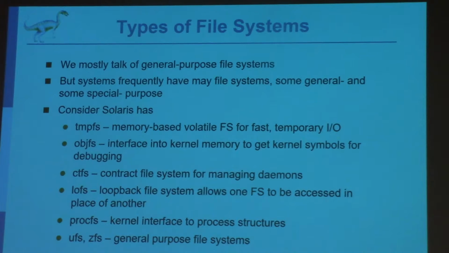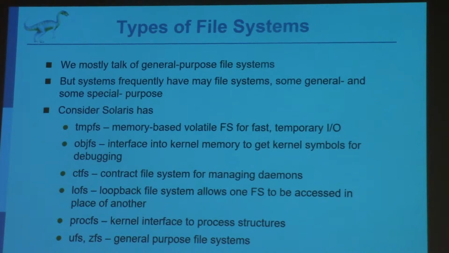Some of them are specific purpose. Even though you do not realize you are using such a file system, it exists. For example, the temporary file system. This one is memory based. As I said, when the file system starts, some of the information will be loaded into memory, and part of the memory is part of the file system.